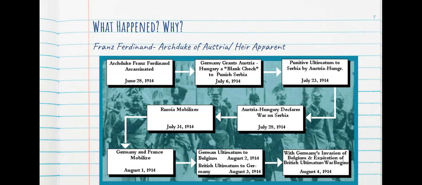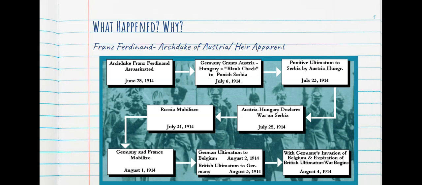Austria-Hungary wanted there to be an Austrian investigation in Belgrade to see how far the Black Hand, or how far Serbia, was implicated in this assassination. And so Serbia is like, crap, we can't have Austria investigating on our soil. And so they refuse the ultimatum.